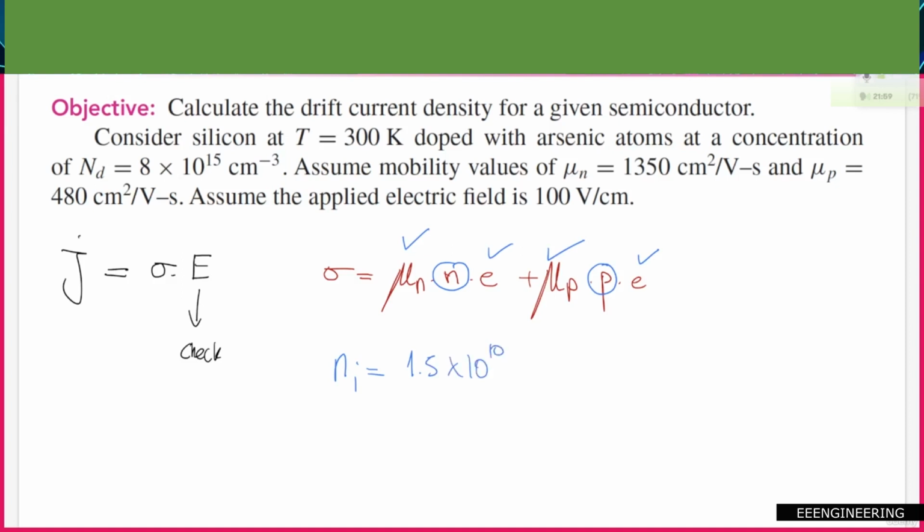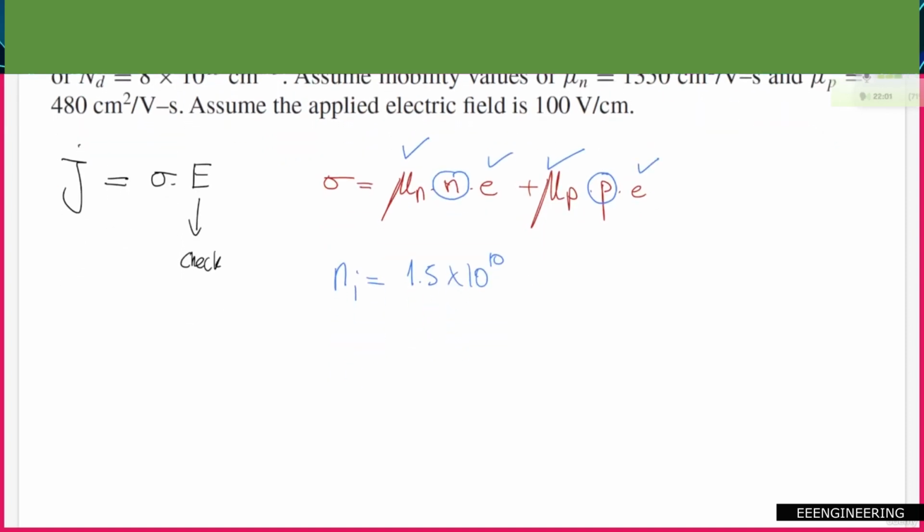So that basically shows us that since Nd, the donor concentration, is a lot greater than Ni, we can simply say the donor concentration is approximately equal to our electron concentration in the material. And we also have the formula N0 times P0 is equal to Ni squared, which is the balance between electron and hole concentration in a semiconductor material.